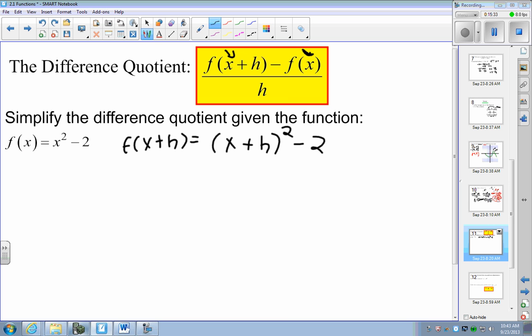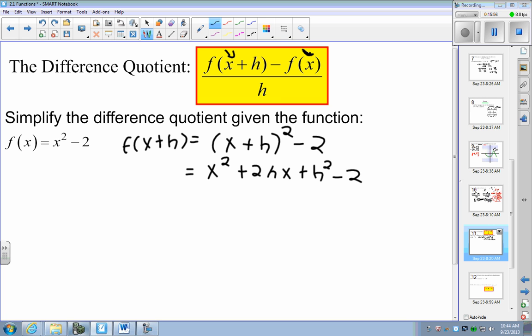Actually, before we do that, let's go ahead and simplify this. And so we'll get x squared plus 2hx plus h squared minus 2. All right, now let's go ahead and substitute everything in.